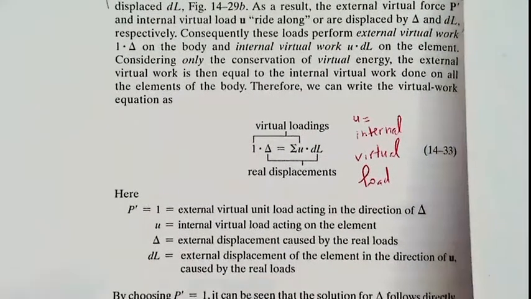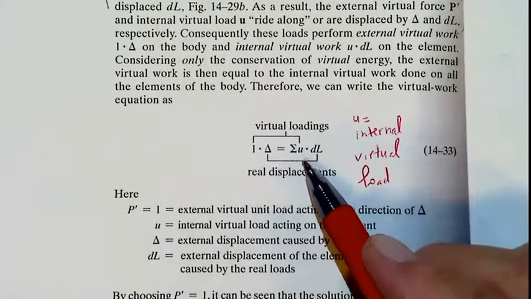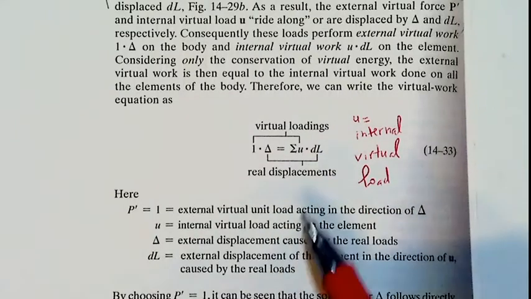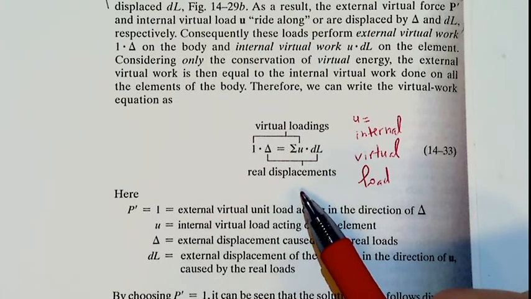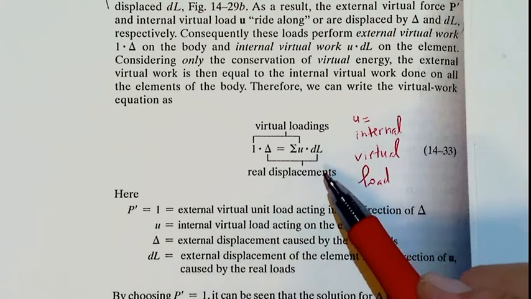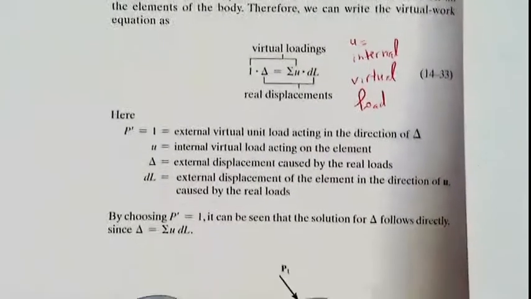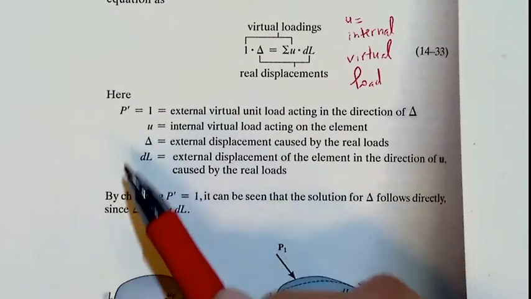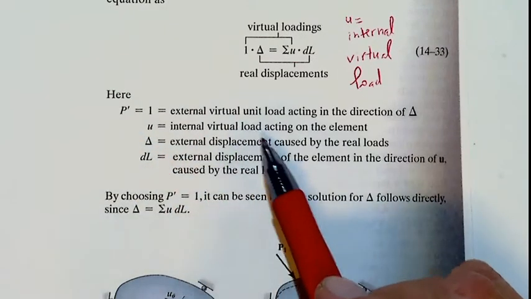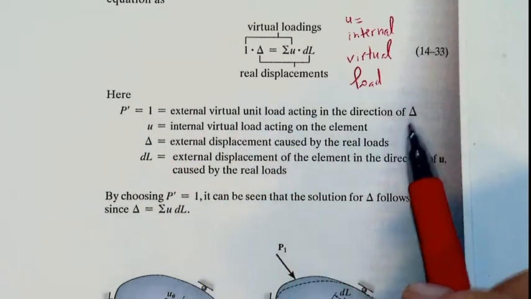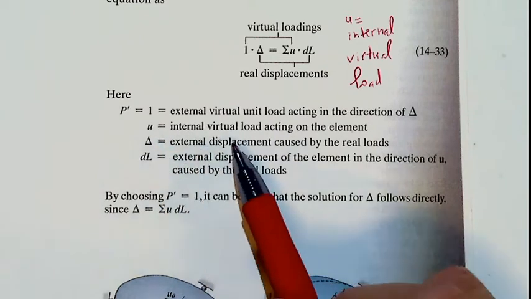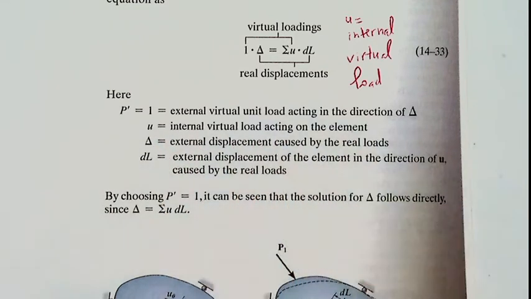Okay, so then we get 1 times delta equals U times dl. These are real displacements. Delta is a real displacement, and dl is a real displacement. So, what is this? P prime is an external virtual unit load acting in the direction of delta. U is the internal virtual load acting on the element.